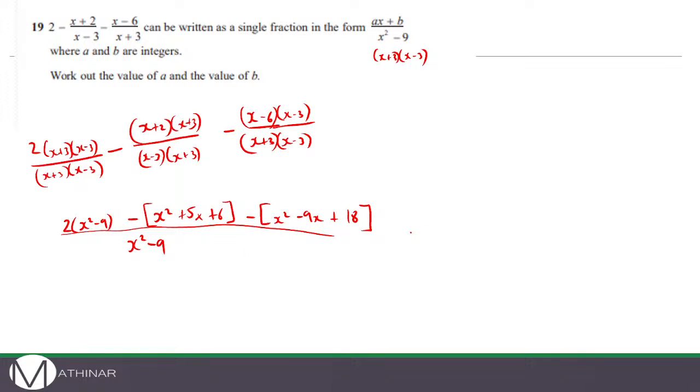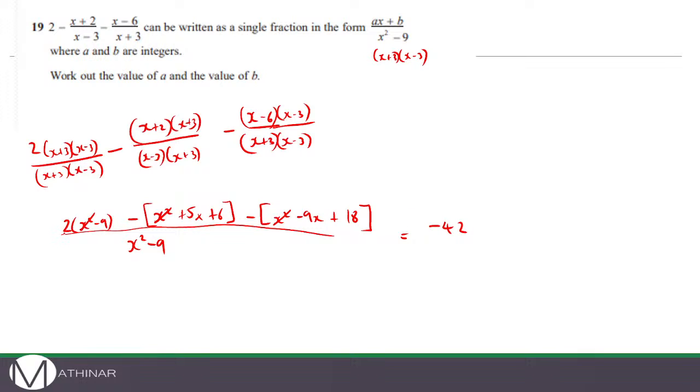Now I can tidy this up a little bit further. So we have a 2x squared, take away an x squared, take away an x squared. So they actually all cancel out. We have a minus 18, minus 6, that's minus 24, minus another 18, so that's minus 42.